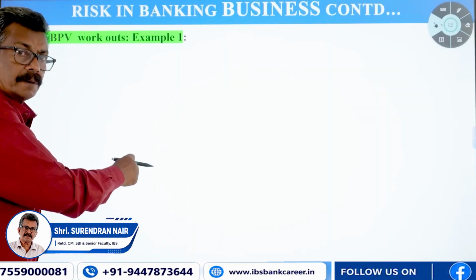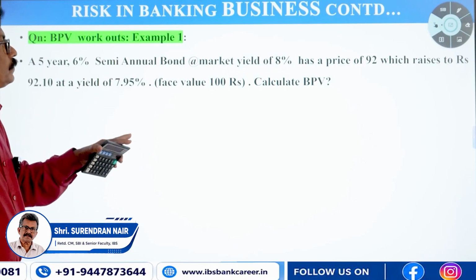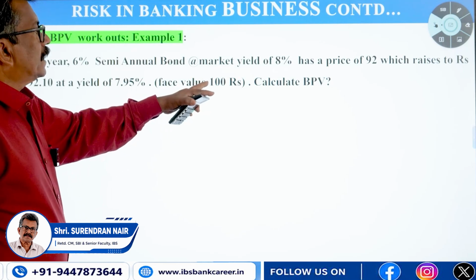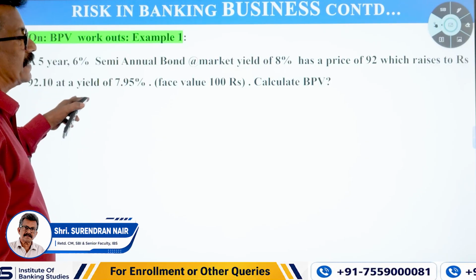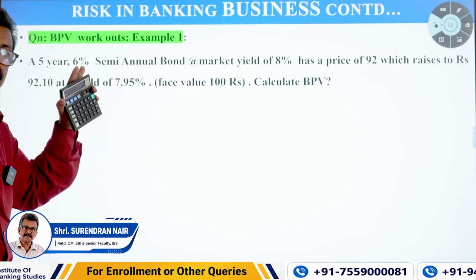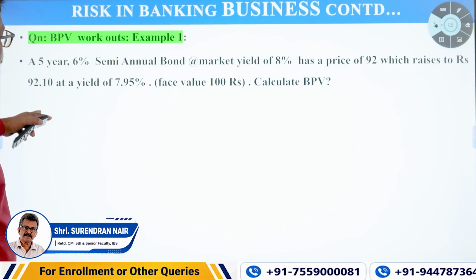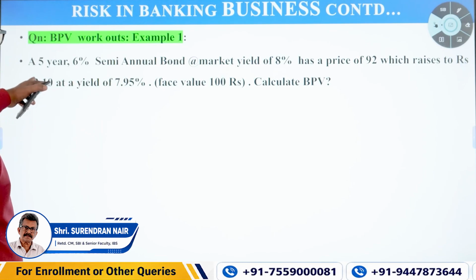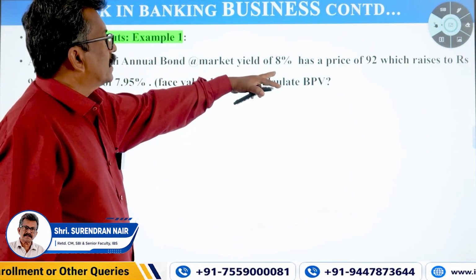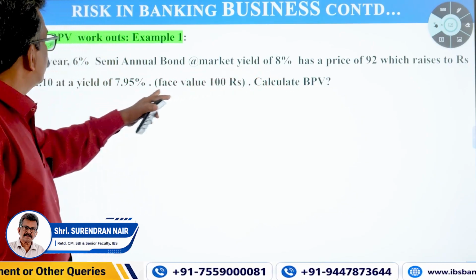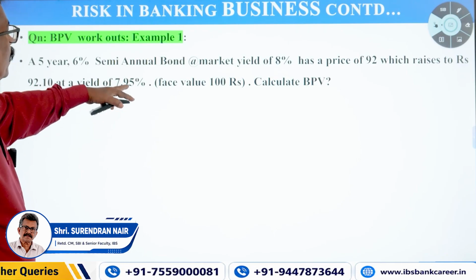BPV worked example 1. A 5-year 6% semi-annual bond with a market yield of 8% has a price of 92, which rises to 92.10 at a yield of 7.95%.